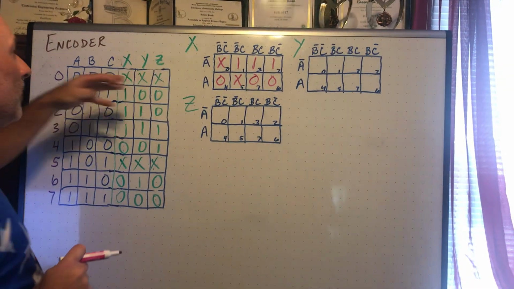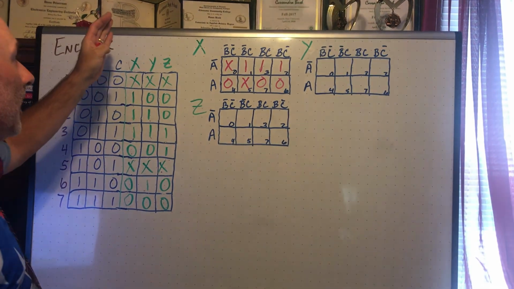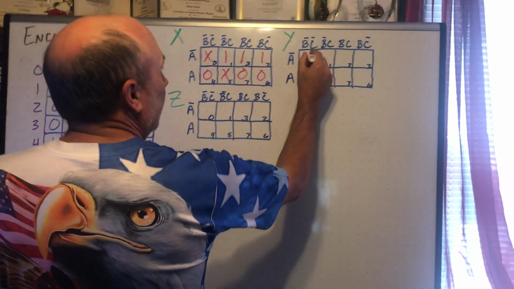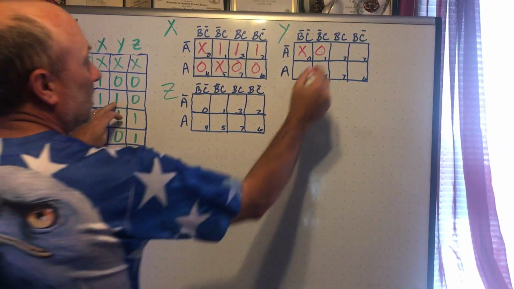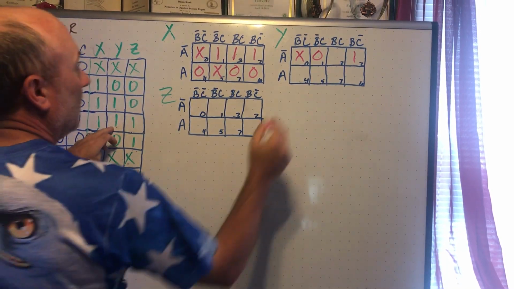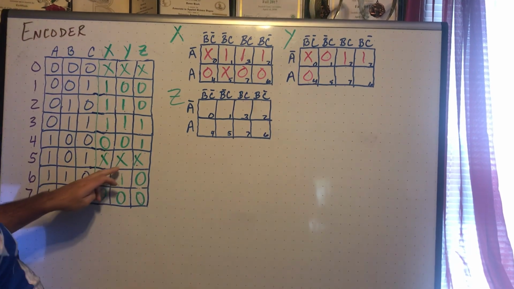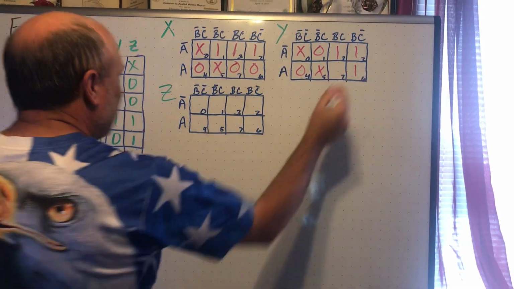Okay, so we got our K map for X. But before we build the circuit, we're just going to fill in all our K maps so that we have them all done, and then we'll build the circuit. So now I'm going to look just at Y. 0 again is an X. 1 is a 0. 2 is a 1. 3 is a 1. 4 is a 0. 5 is an X. 6 is a 1.